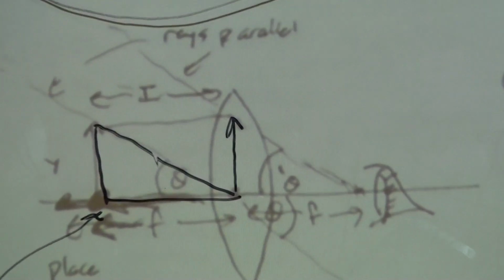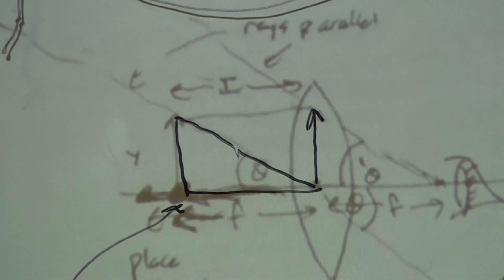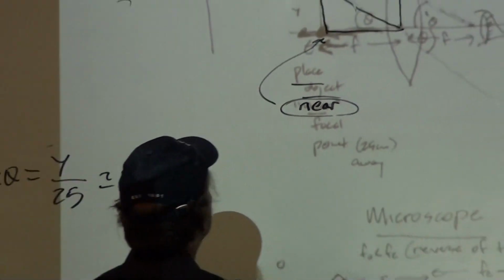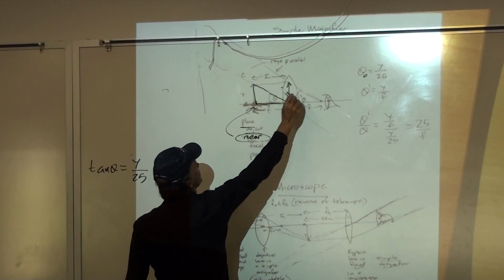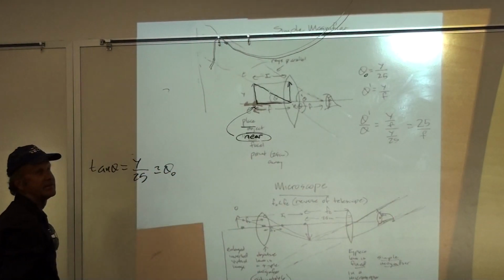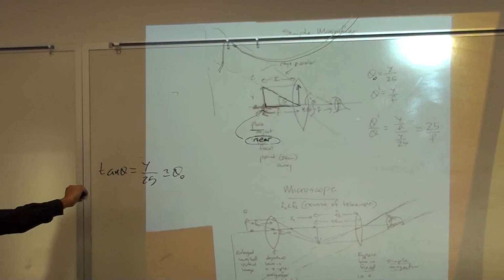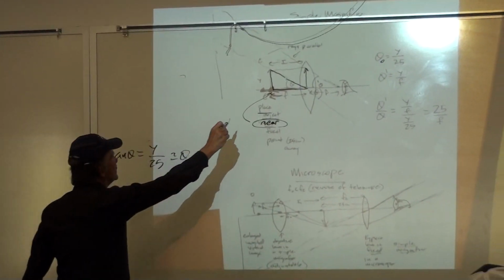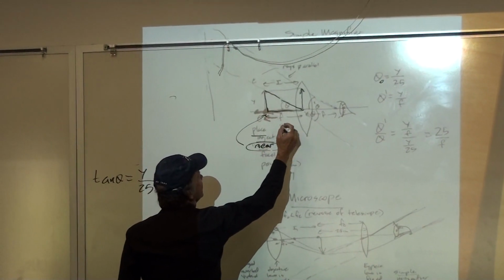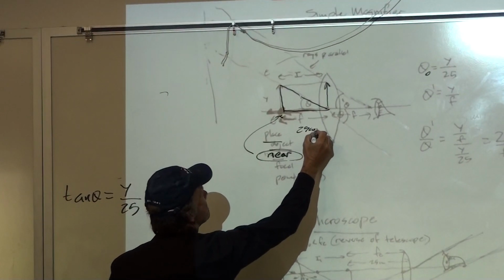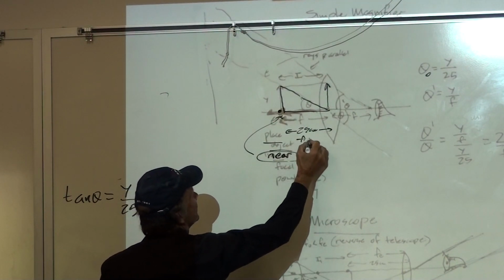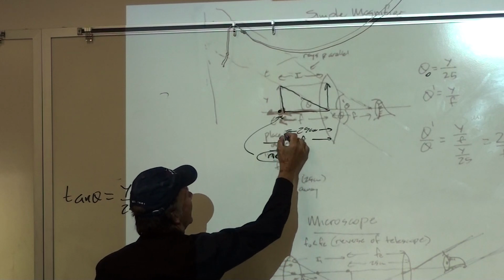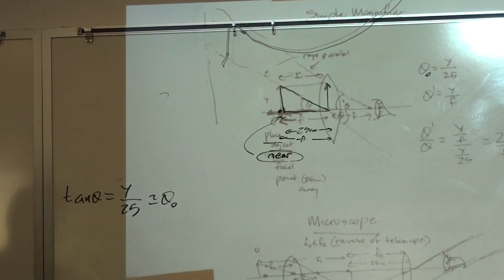So that's our theta naught that we're talking about right here. And so that's from this triangle. So this is the angular size, that's without the lens. So that's the angle you're looking through to see this thing at 25 centimeters away. And that's a little less than the focal length. The focal length is a little bigger than that, but not a lot bigger than that.